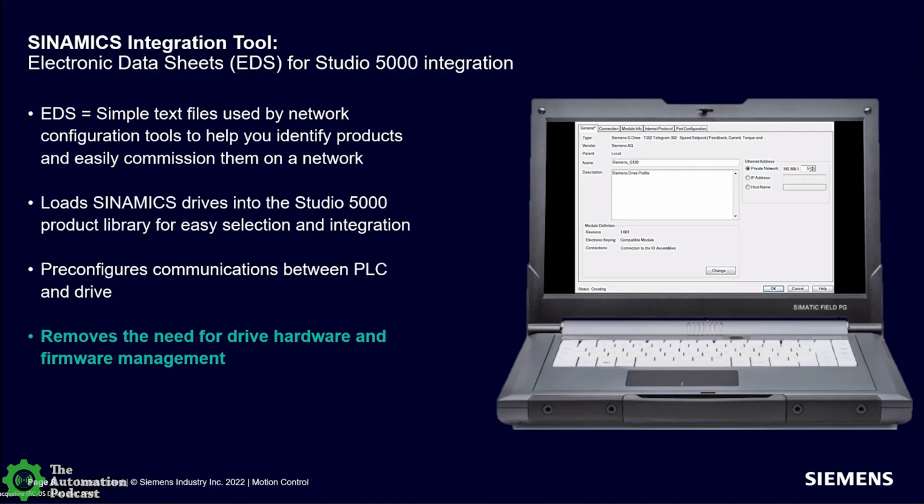However, you won't normally natively see a Sinamics drive as part of that menu. So what the EDS file allows you to do is you import EDS files for Sinamics drives, and then you're able to select them in the menu when you go to add a new module.